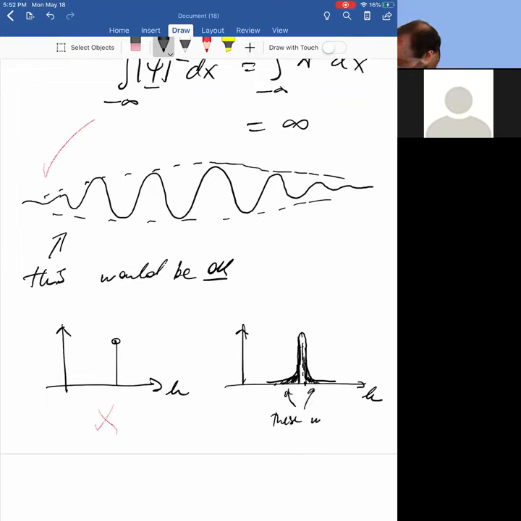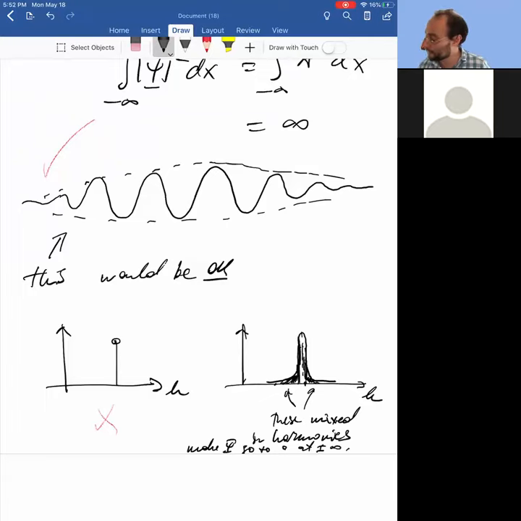These mixed in harmonics make the wave function go to zero at plus and minus infinity.